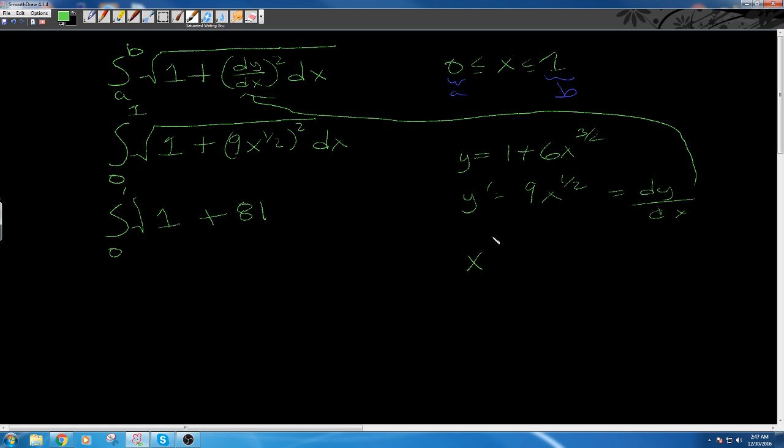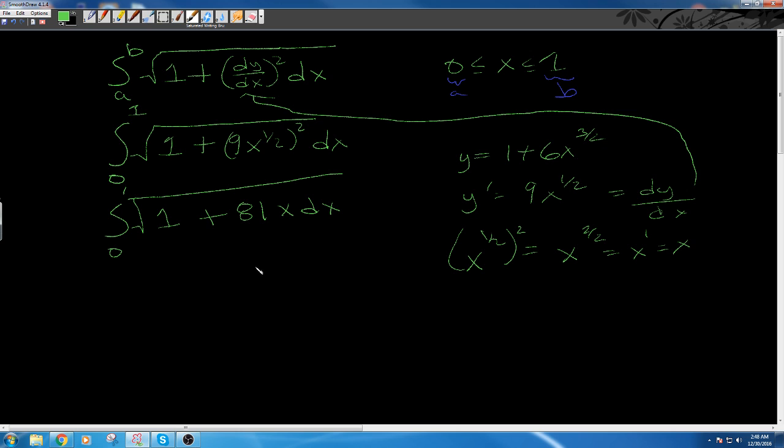So x to the 1/2 squared is 1/2 times 2, so it's x to the 2 over 2, which equals x to the 1, or x. So we're going to have 1 plus 81x dx, all under the square root.